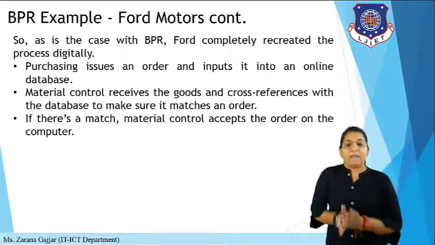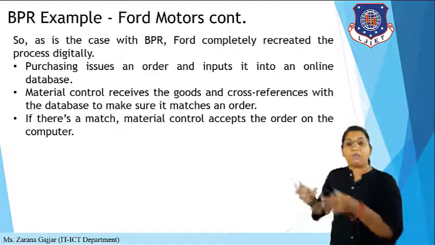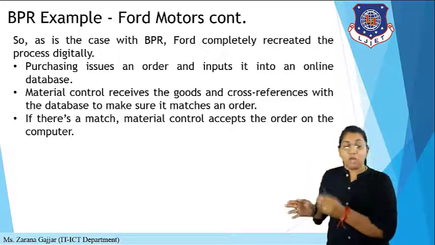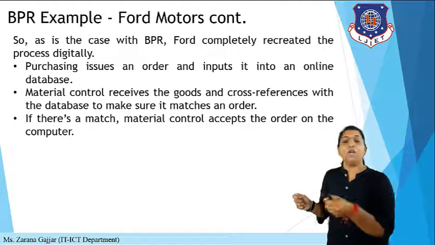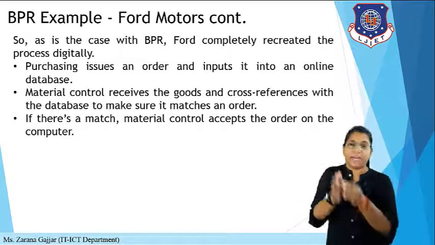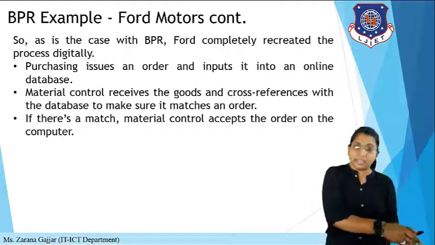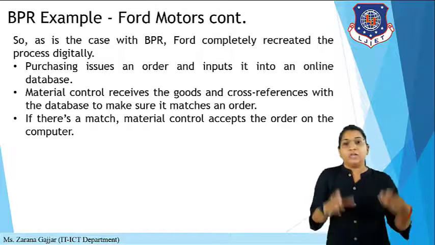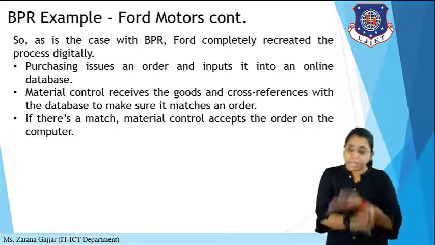The same thing happens at DMart and Big Bazaar. For example, once any product comes in, they make an entry in their inventory. Each product has a barcode, and they scan all those barcodes and make an entry in their database. Once a customer buys that product, at the billing counter the same code is scanned, and it automatically deducts that product from the inventory.